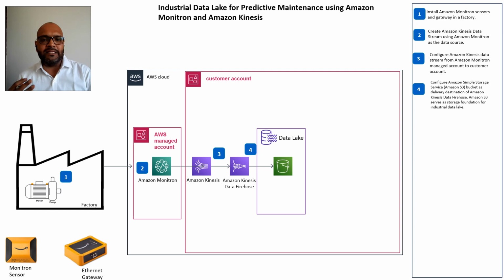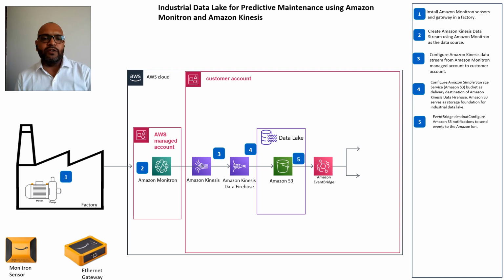Then we need to set up the S3 bucket as a delivery destination of Kinesis data firehose. S3 serves as a storage foundation for industrial data lake. Kinesis data firehose captures, transforms, and loads the data into the AWS data store for near real-time analytics with existing business intelligence tools.